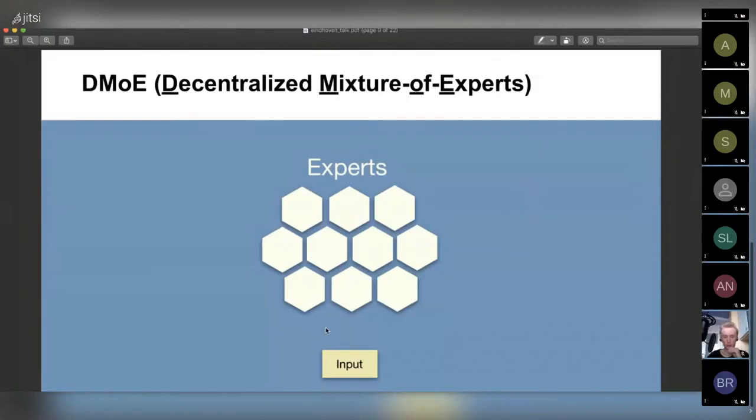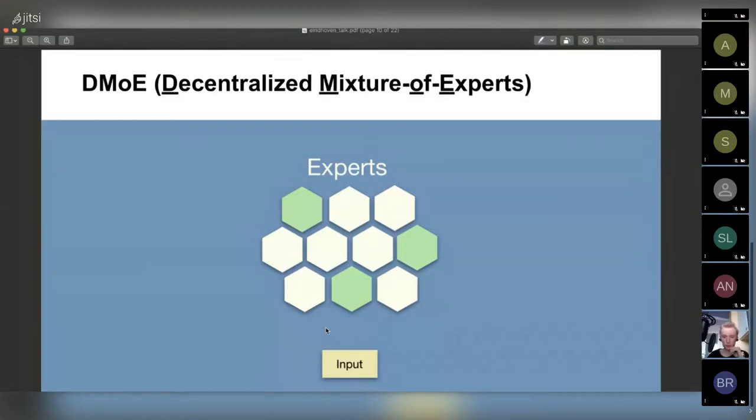And for a specific input, you only choose several of them. It's usually a small amount, 1 or 3 out of 10 or 20 or 1,000, depending on the amount of your GPU memory.